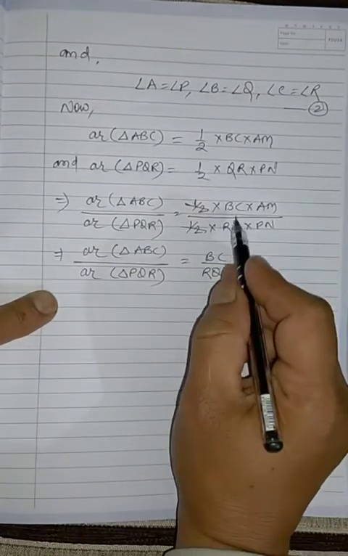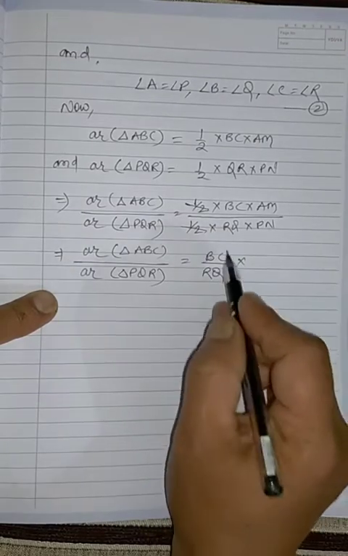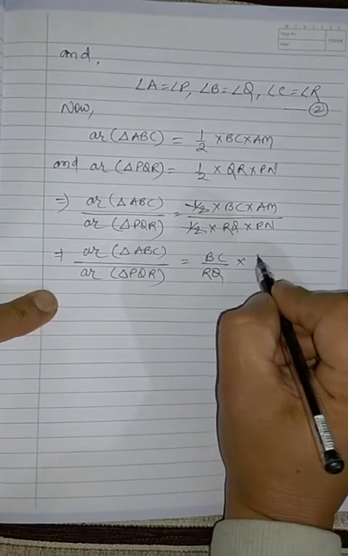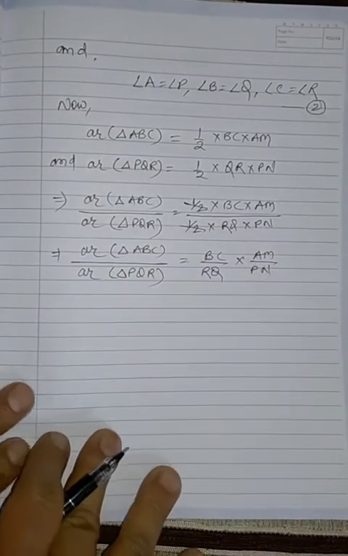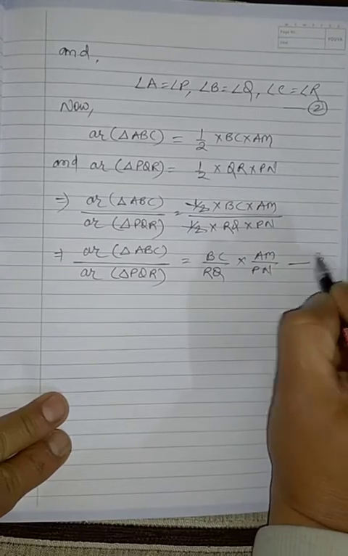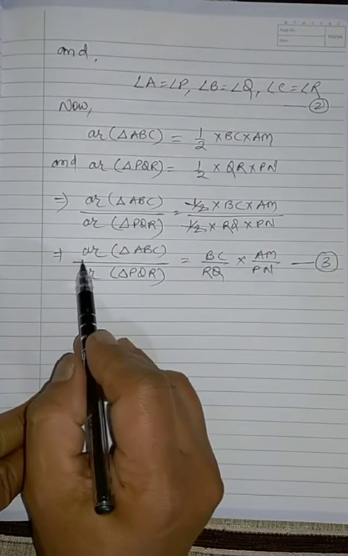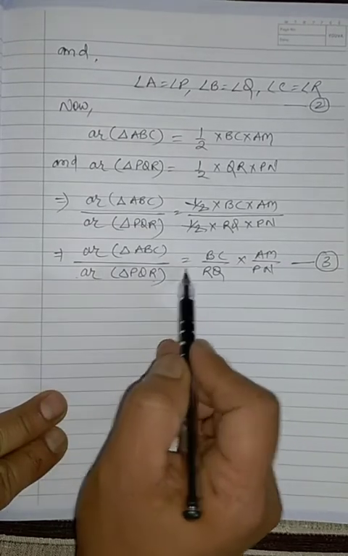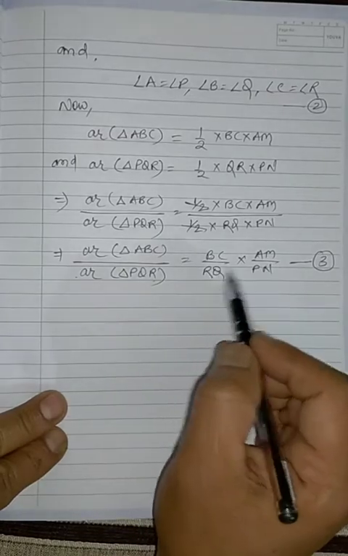I had written there by mistake PQ, so I have made it QR. BC upon QR into AM upon PN. Okay, let this be equation number 3. But since we need area of triangle ABC upon area of triangle PQR to be equal to the ratio of the square of corresponding sides, we need to make it square.